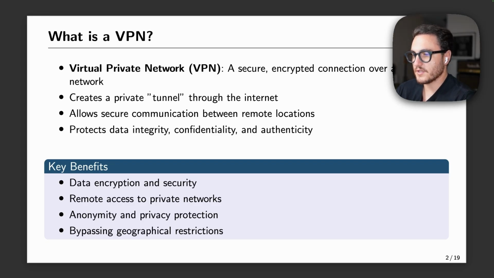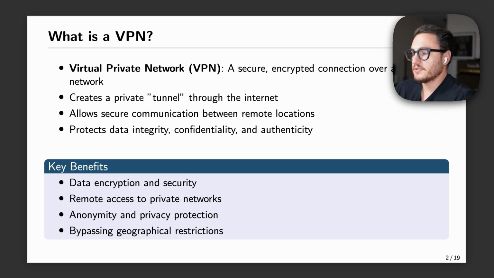So suppose that you have remote workers that want to log in to the corporate servers. We don't want to expose all the traffic that goes from the house of the remote worker to the corporate office that contains sensitive data about the company. We don't want that to be intercepted by anybody.